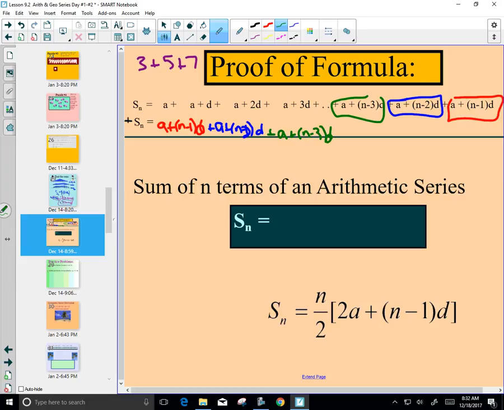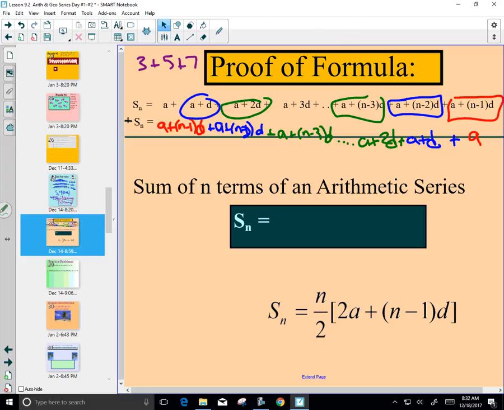And then when you go to the other side, I'm going to take that first one and put it last. I'm going to take the second one and put it next, which was a plus d, right? And then I'm going to do the third one, a plus 2d. And there's dot, dot, dot in between.